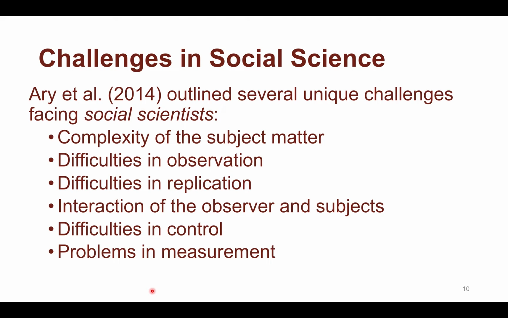You have to get them to talk to you about it, or fill out a questionnaire to answer questions about it. Difficulties in replication. It's often really difficult, if not impossible, to perfectly replicate the conditions of a study. And that's fine. We don't always just want to replicate studies exactly, but when we do, it can be difficult to do even if we wanted to.